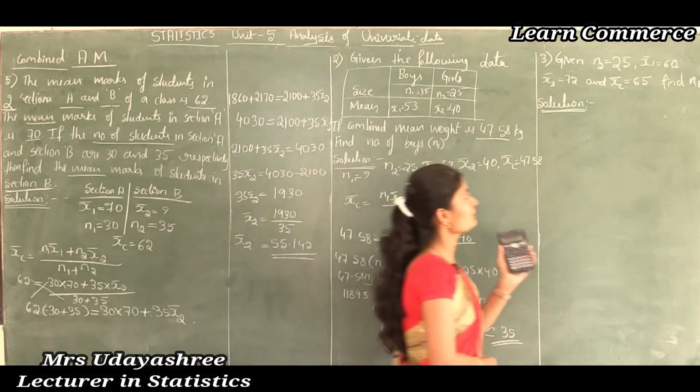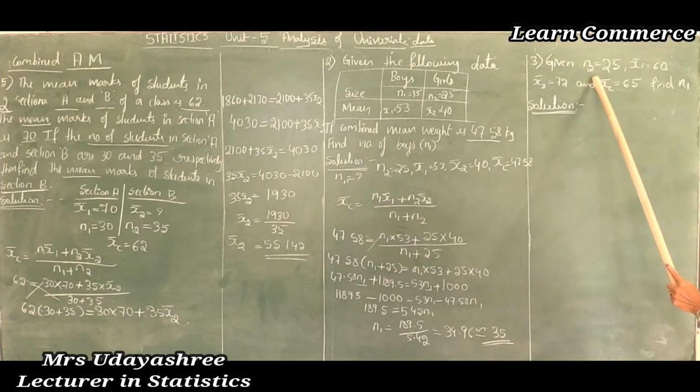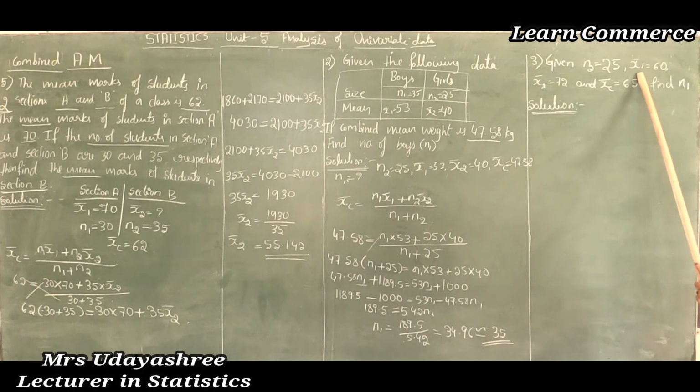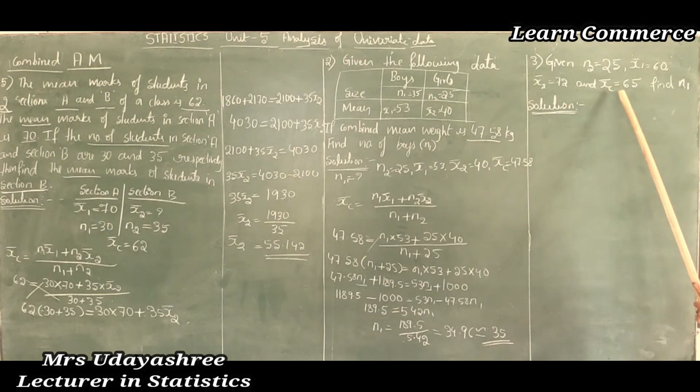Next, moving to problem number 3: given N2 is equal to 25, x bar 1 is equal to 60, x bar 2 is 72, and x bar C is 65. Find N1. Let's see the solution part.